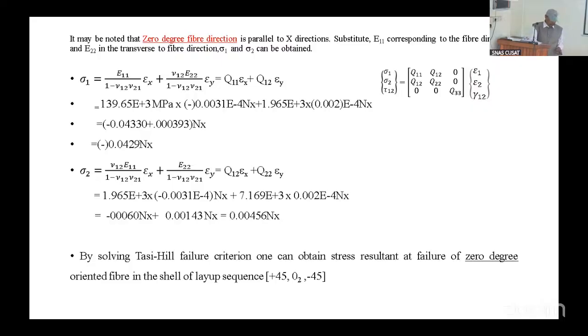Whether I put the fiber layer like this or like this, the property does not change. Whereas the strain value is in the global direction, we said. So if I put the fiber in this direction, the strain is different. If I put it like that, whereas modulus and stress will not change.